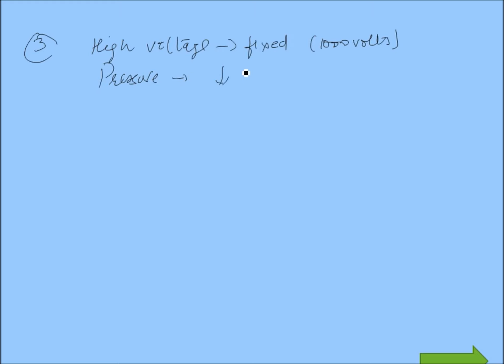In the third condition, the high voltage was again kept fixed at 1000 volts, and the pressure was again decreased to 0.001 mm of mercury. Now what result did he get?